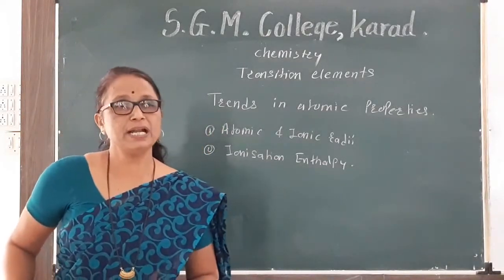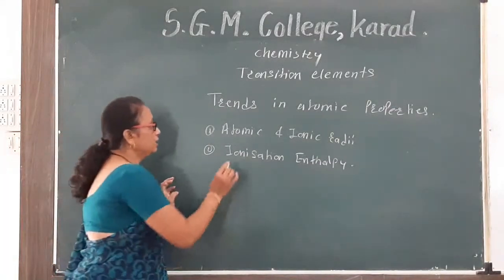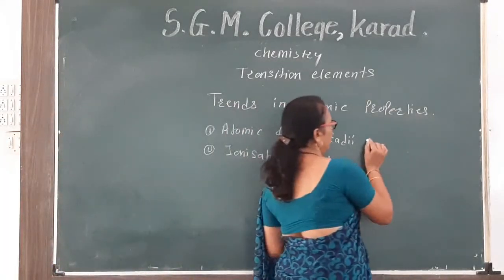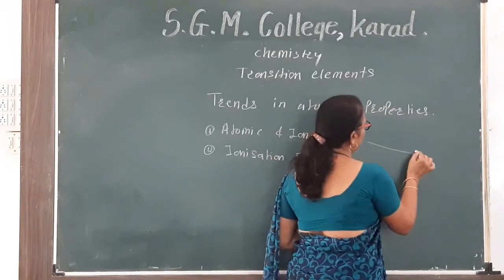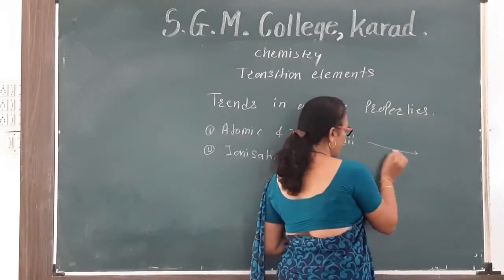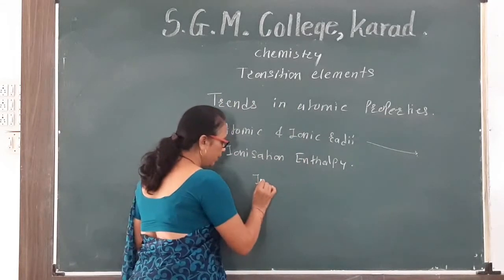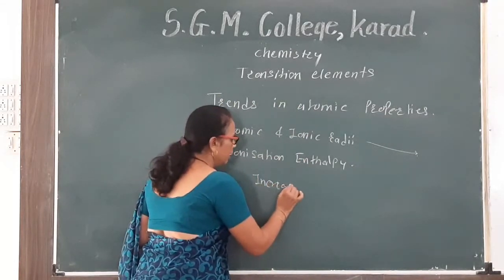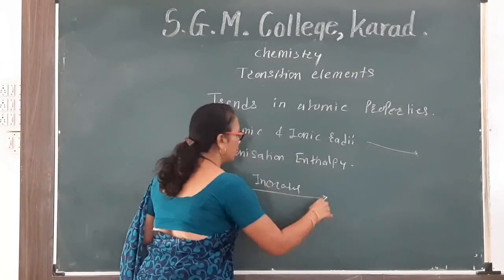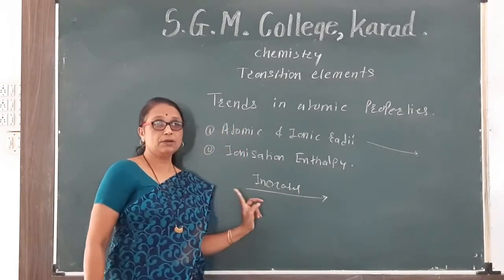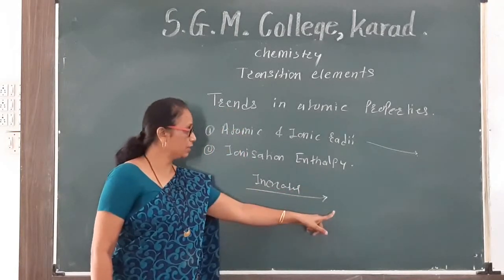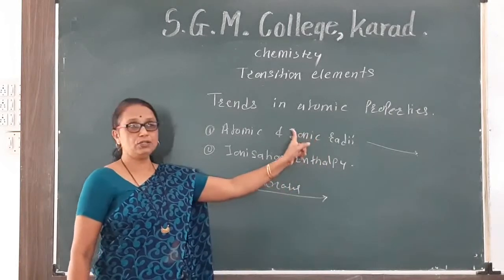In the case of transition elements, as atomic radius decreases slowly from left to right, ionization enthalpy increases slowly from left to right. It is opposite to the atomic radius.